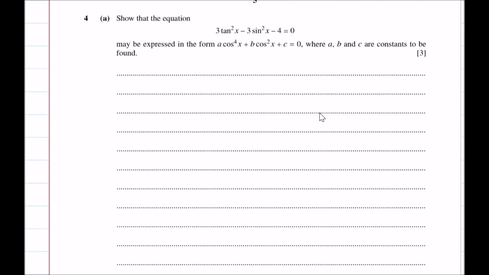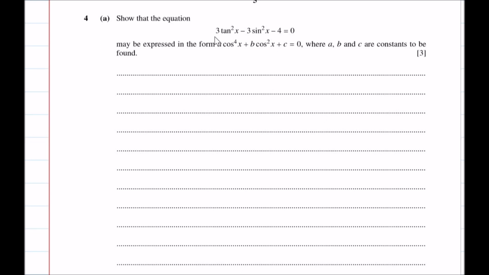Now question number 4. Show that the equation 3 tan square x minus 3 sin square x minus 4 equal to 0 may be expressed in the form a cos power 4 x plus b cos square x plus c equal to 0, where a, b and c are constants to be found. So we have to convert this into the form of a cos.